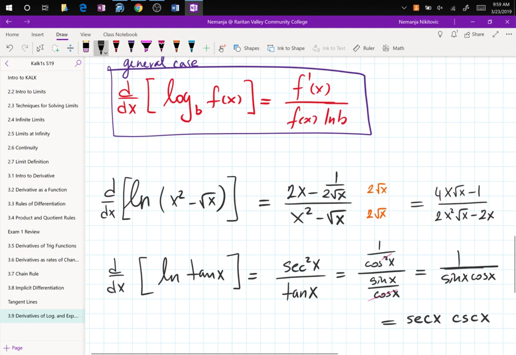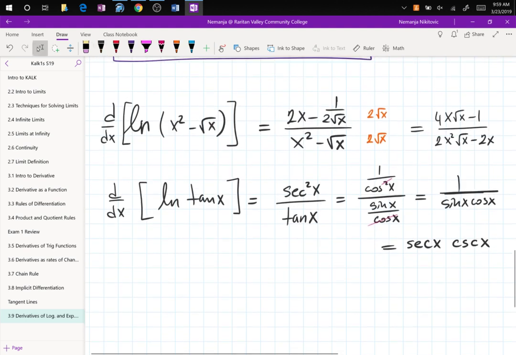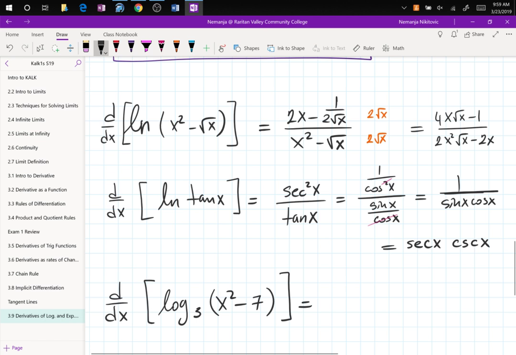And now the general case, the boss formula. What is the derivative of log base 3 of, let's say, x squared minus 7? We have exactly the same as before.